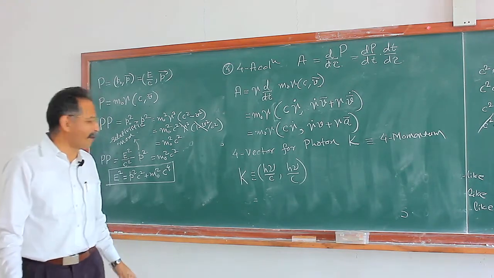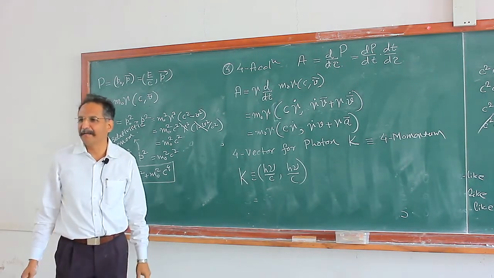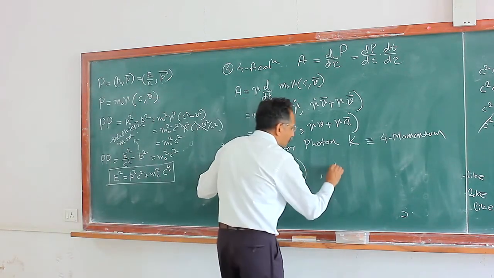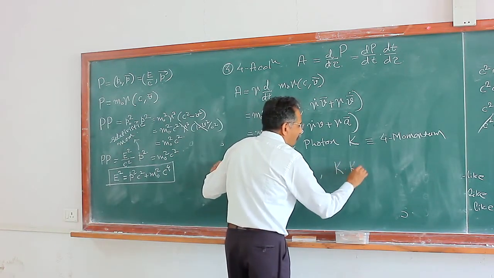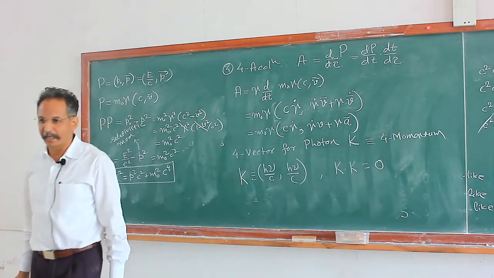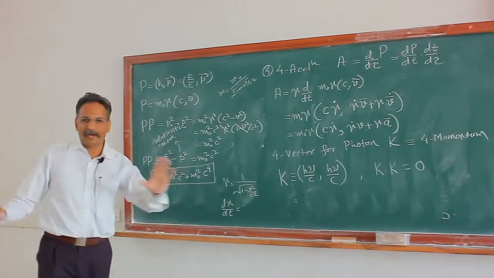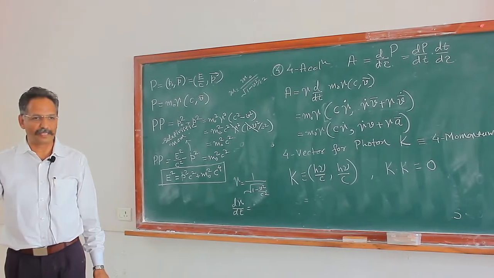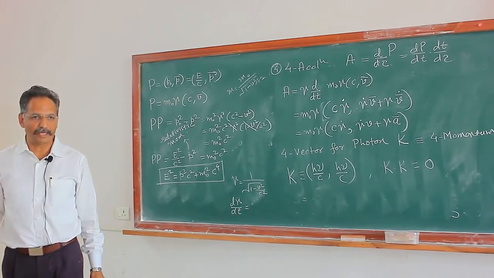And if you perform k dot k, it will be 0. So it is very obvious that k dot k will be 0, and that offers again an invariant quantity. Now, if you are comfortable with this, we can apply these concepts in quantum mechanics.